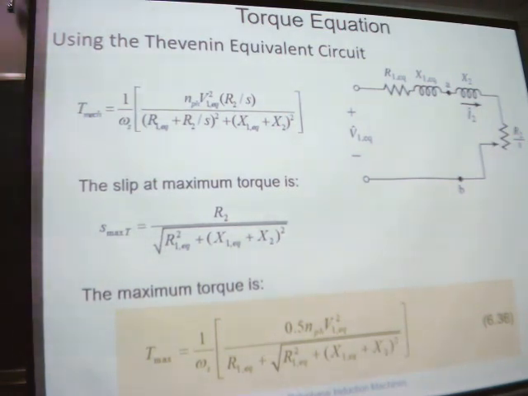The starting torque is determined from the previous equation after setting the slip to 1, and then we get the equation of maximum torque.